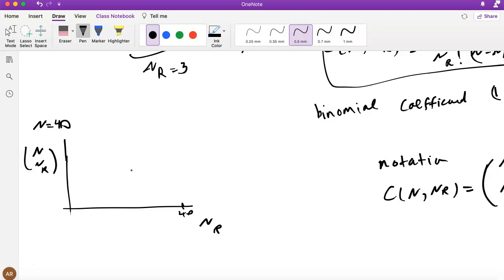And the maximum always occurs at 20, at half of it. So the maximum in this case is going to be a huge number. It's 1.4 times 10 to the 11. And basically around 10, there's a decay like that. Around 10 it's really tiny. So it looks kind of like that.